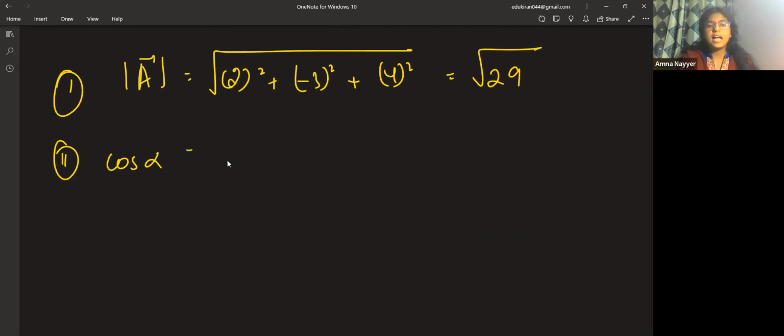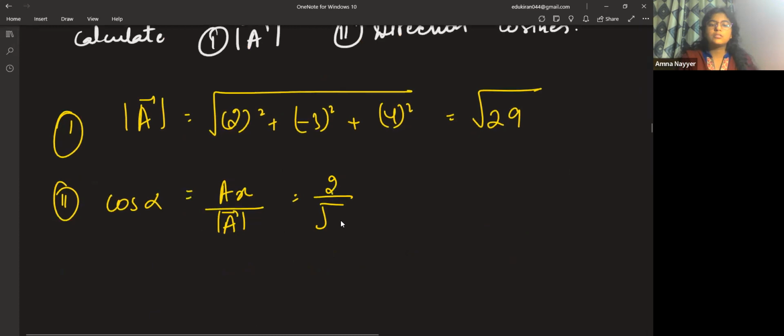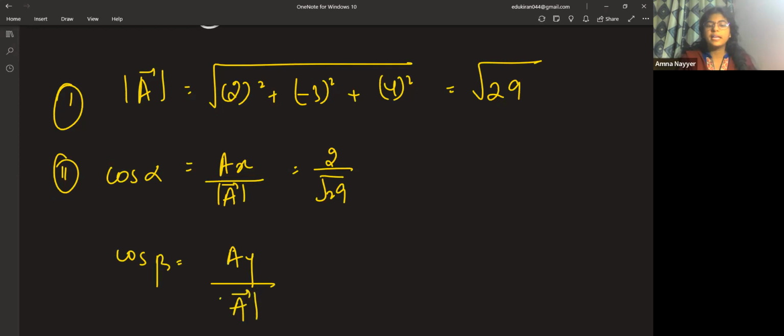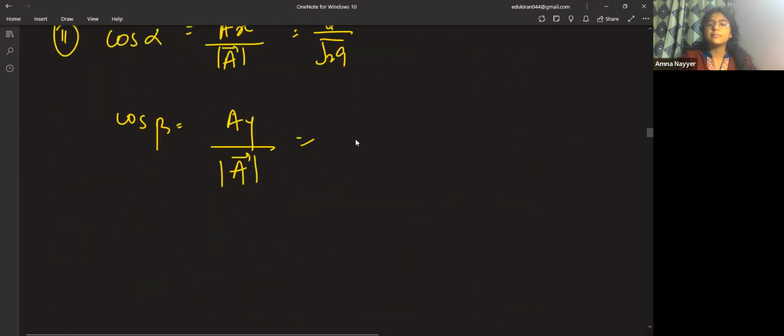Cos alpha is written as Ax by magnitude of A. Ax, what is the coefficient of i cap? 2. So this becomes 2 by root 29. Then we come to cos beta, that is Ay divided by A. Ay was minus 3, coefficient of j cap, that becomes minus 3 by root 29.